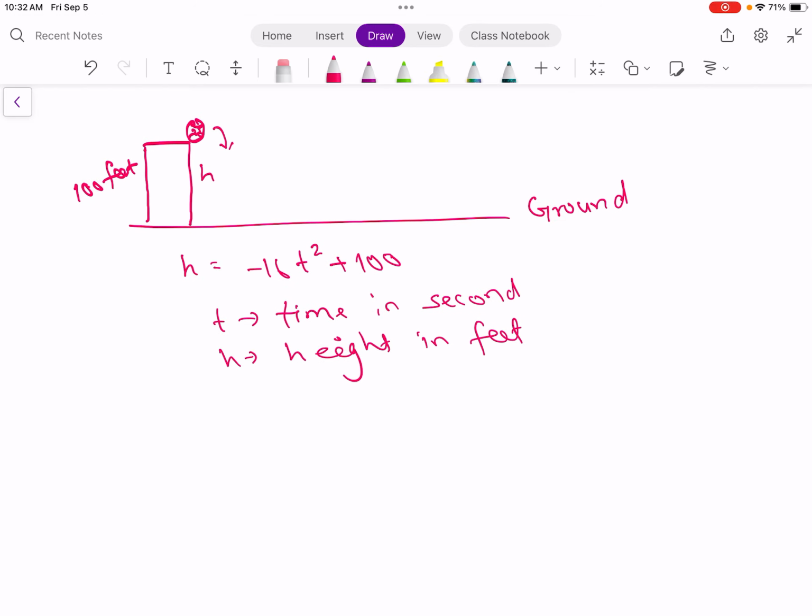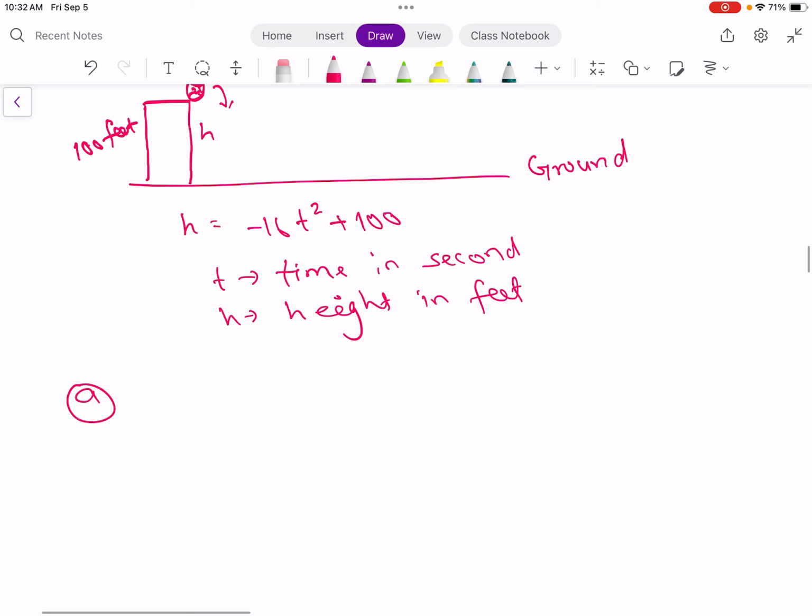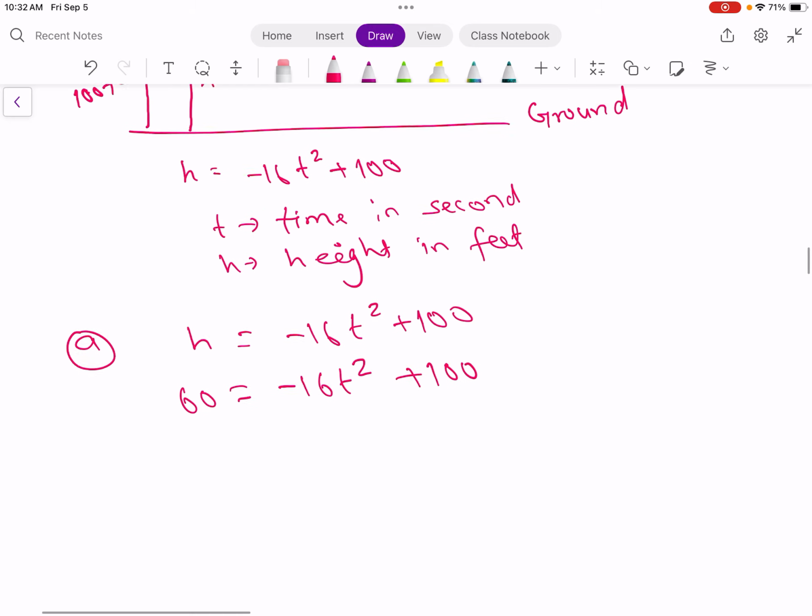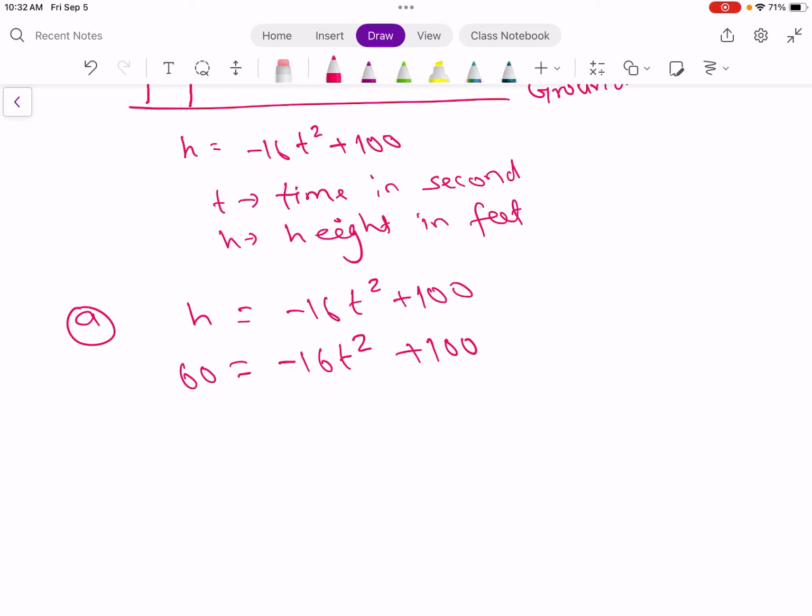So we take the equation for part A: h equals negative 16t squared plus 100. Our h is 60, so 60 equals negative 16t squared plus 100. We are trying to find t.